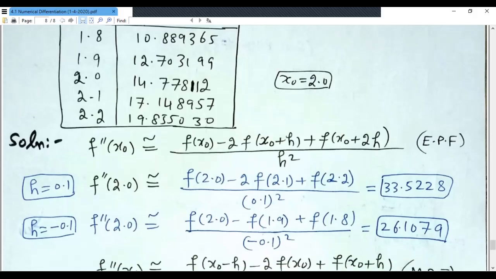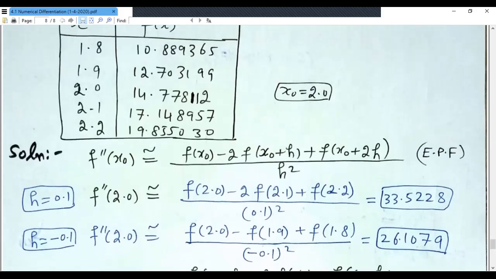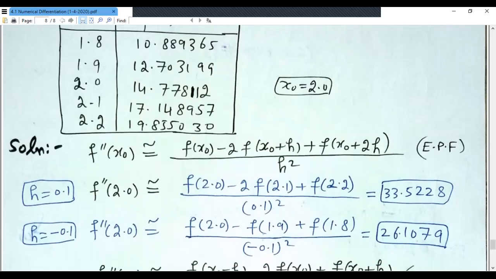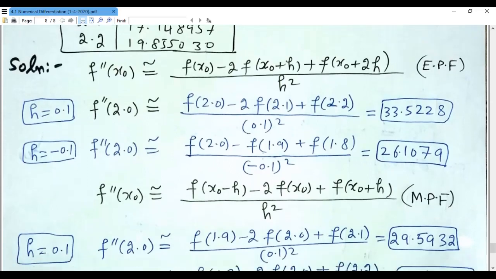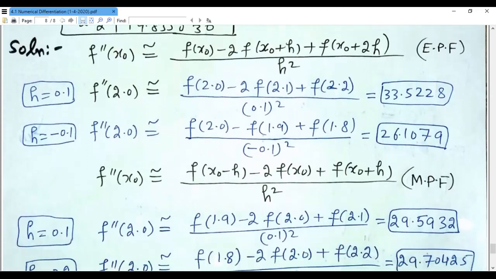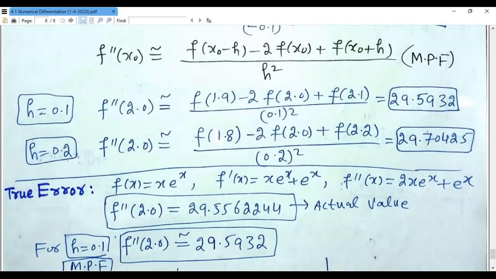So we have used the endpoint formula for the double derivative. And for the midpoint formula of the second derivative, we can use h equal to 0.1 as well as 0.2.